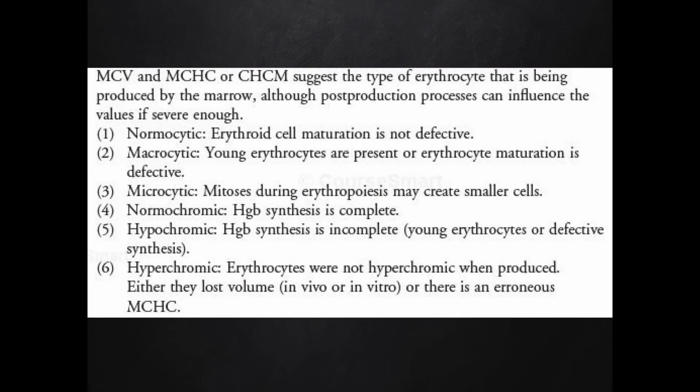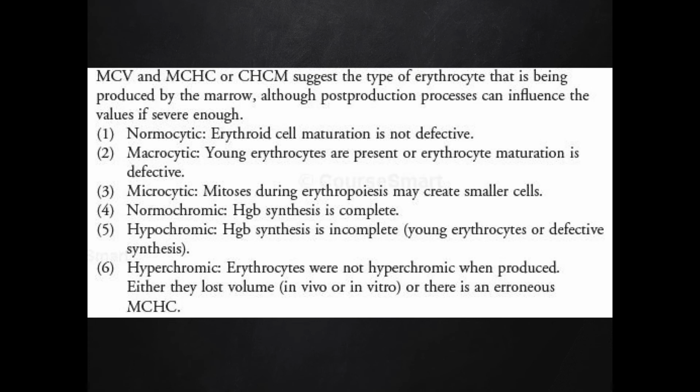So MCV and MCHC suggest the type of erythrocyte that is being produced by the bone marrow. The following terms are very important, and with them you can see some of the explanation or indication. In normocytic, erythroid cell maturation is not defective, so there is a normal size of the cell.